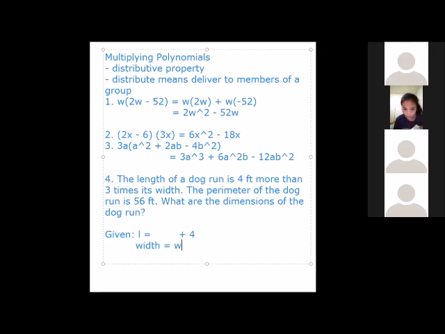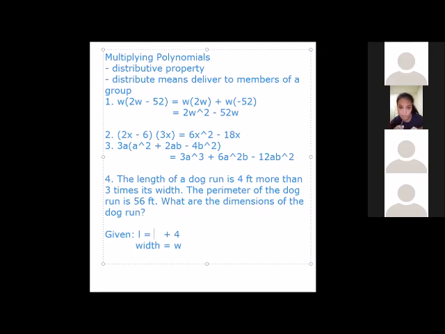So if our width is W, our length will be, because in maths, not all the time are we given the expressions or the equations, we will be making it ourselves. And that is where we apply our lesson in a real world problem. So here, we will be the one to make the equation.